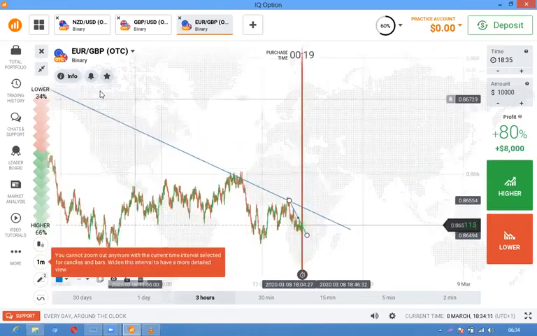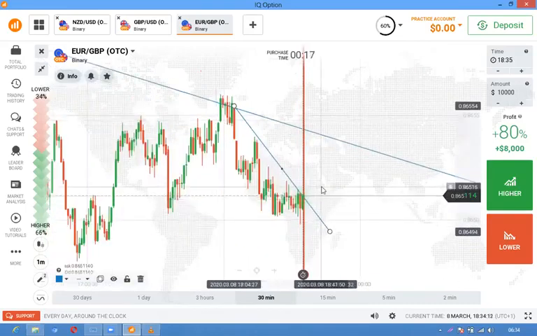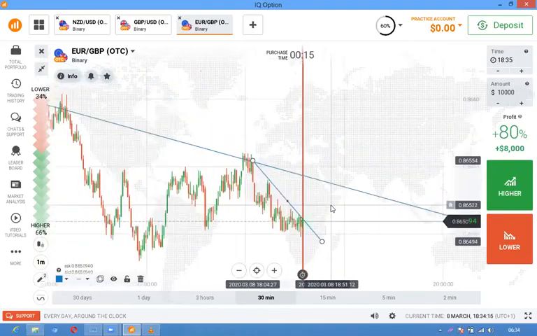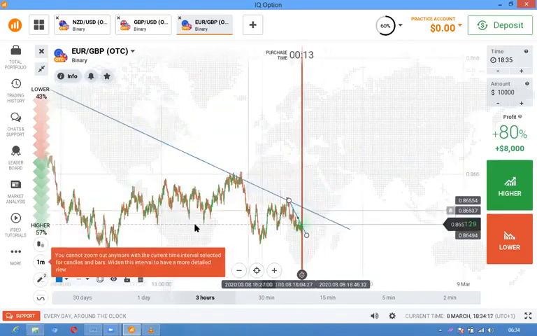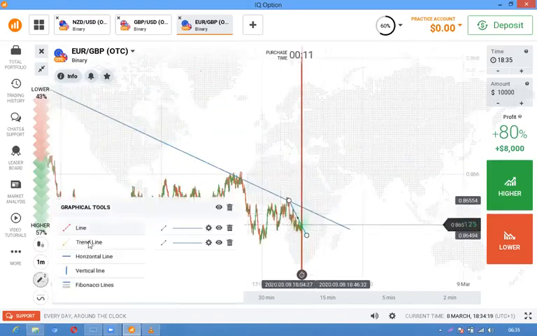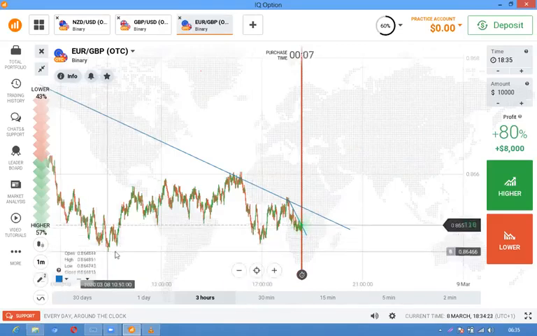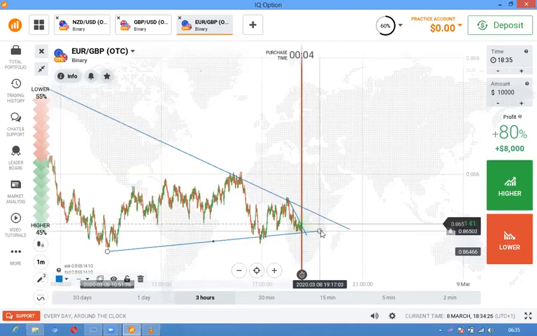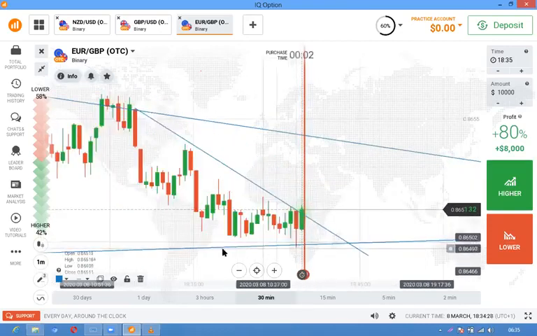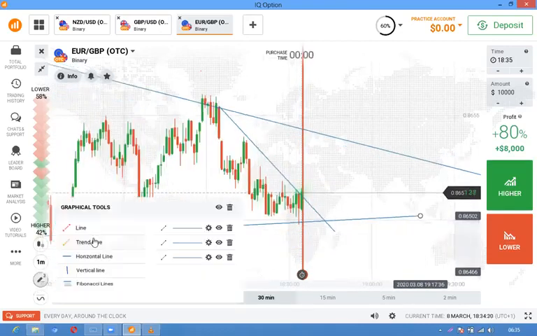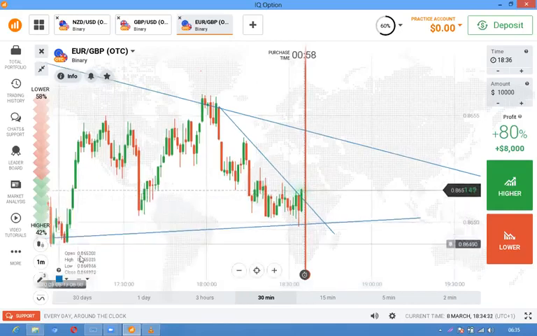So now we have the major downtrend and the minor downtrend. This is for sellers. But for buyers, we also have the major uptrend, and here we have the minor uptrend for buyers.